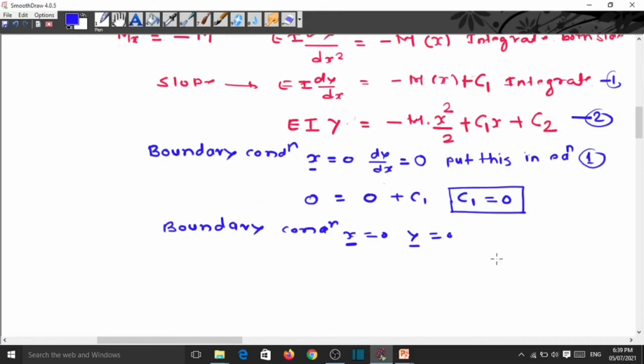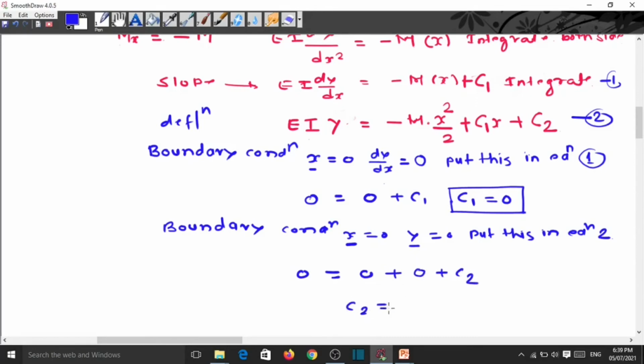So put this in equation number 2, our deflection equation. So this becomes 0 is equal to minus M into x equal to 0, so this becomes 0. Then C1 is 0, then plus C2. So we can say that C2 is equal to 0.